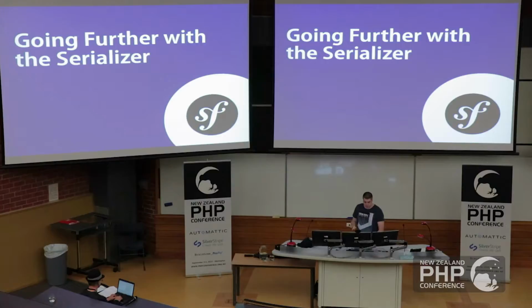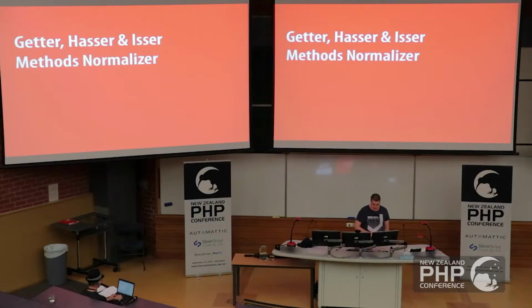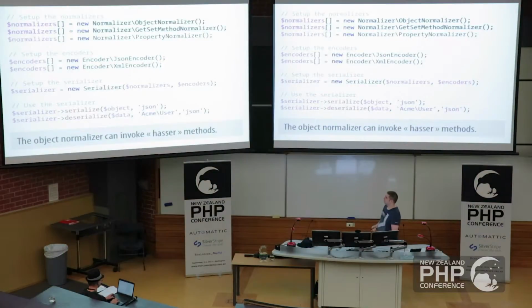So if you want to do more advanced serialization processes, these are some examples. By default, the serializer can also invoke your getter method, isser method, or hasser method. So to do that, you need to register a GetSetMethodNormalizer and ObjectNormalizer objects.